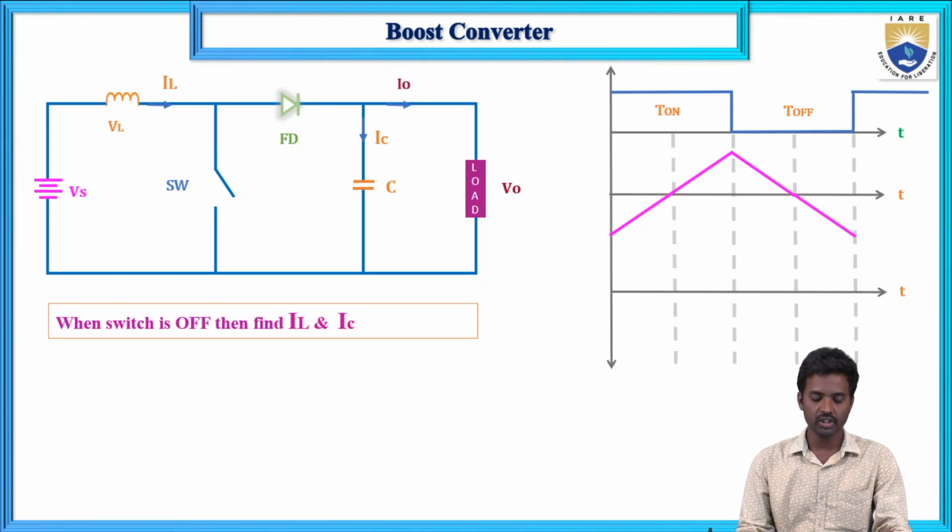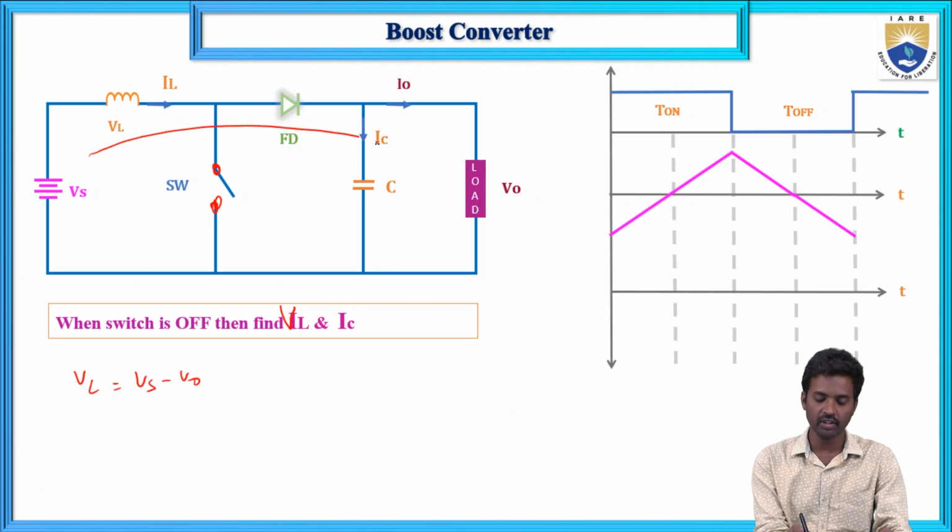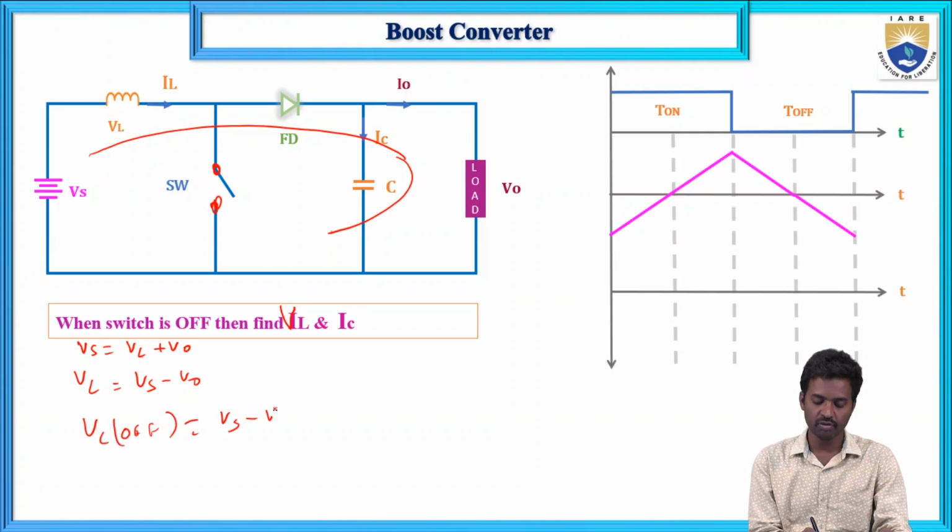Now when the switch is off, calculate VL. When the switch is off, this is an open circuit, and we calculate VL off. If you apply KVL in this loop, Vs equals VL plus V0. So VL equals Vs minus V0, and VL off, for the switch off condition, is Vs minus V0.